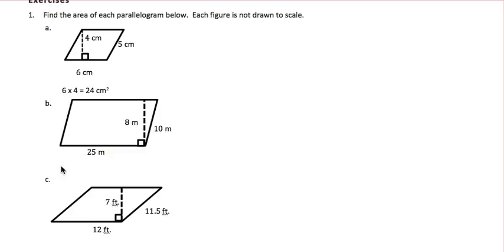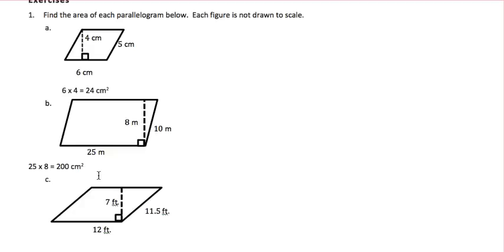In the second quadrilateral, we have a base of 25 and a height of 8. So the area is 25 times 8, or 200 square centimeters.